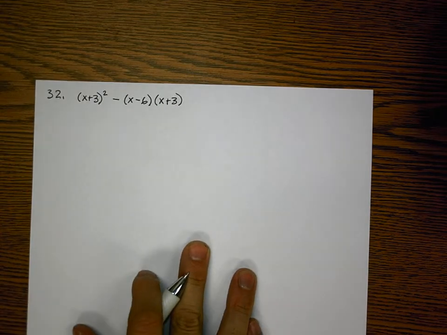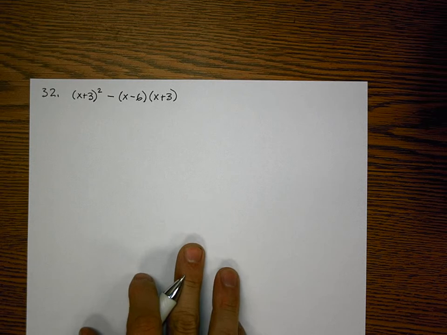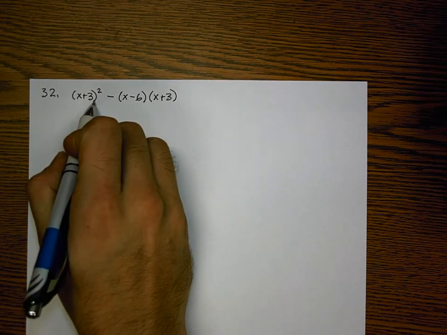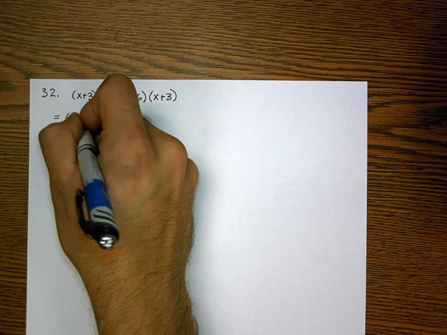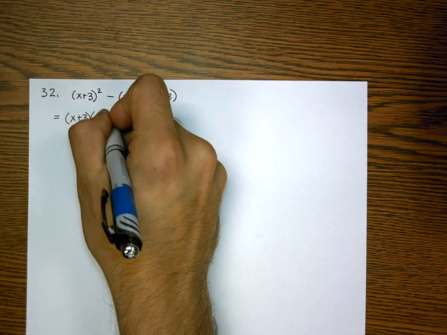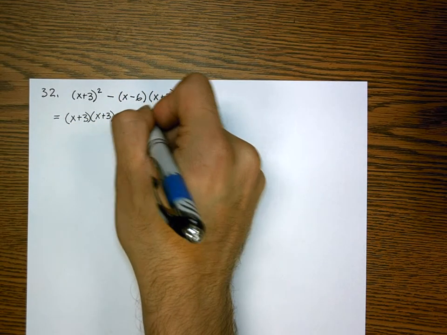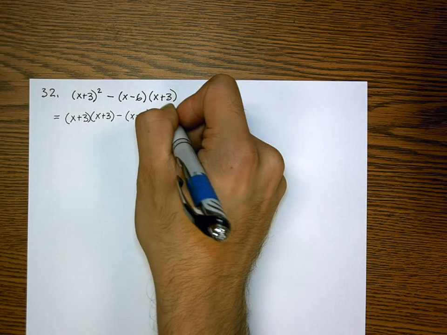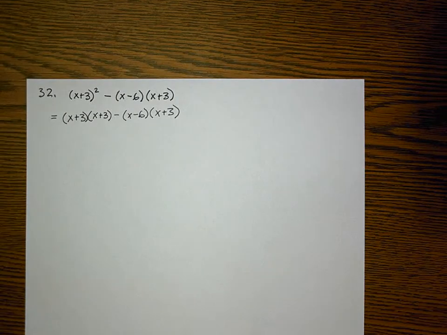So the first thing that I want to do is take the hint and say greatest common factor. Maybe I don't see it right away. So I'm going to expand this out so that I'm seeing everything completely expanded. Then I look, what's the greatest common factor of these two terms?